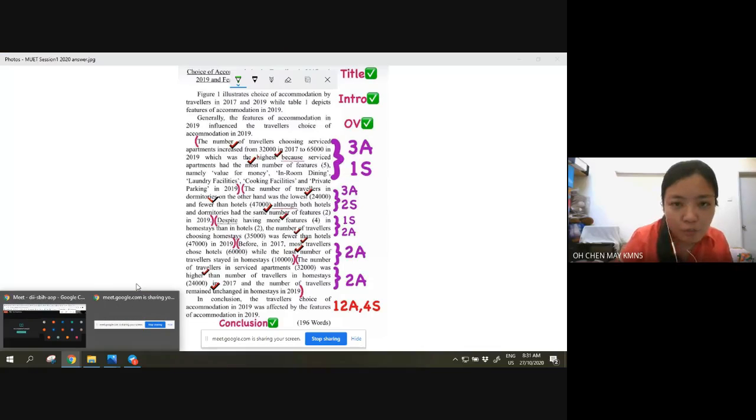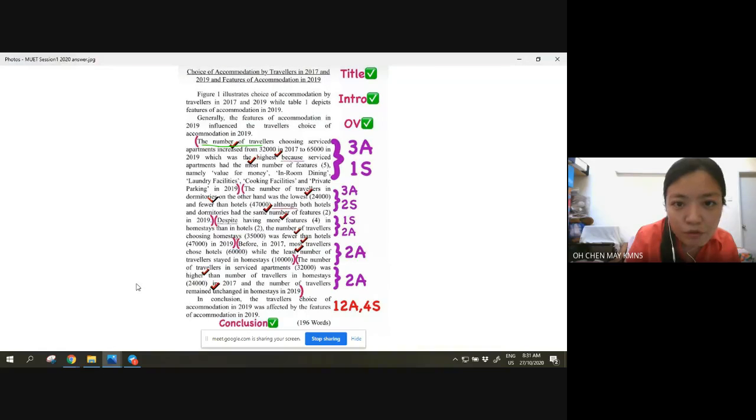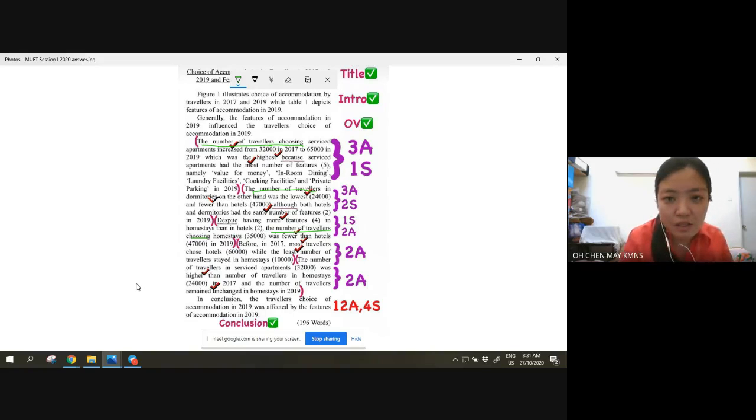You cannot be very creative because of this problem. You see here in this sample, it says the number of travelers. Despite having more features, the number of travelers choosing. So you see, this person also, I would say this is definitely band 6 already, because it has so many analysis and so many synthesis.